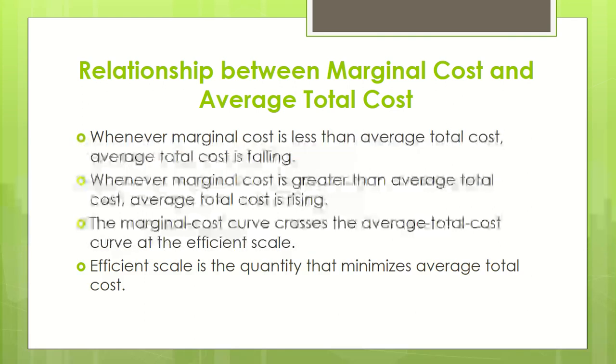As we have seen at the point of intersection of both curves, the marginal cost curve and the average total cost curve, the third point is the marginal cost curve crosses the average total cost curve at the efficient scale. In the graph, where the marginal cost curve intersects the average total cost curve, it is the efficient scale of the average total cost curve. And the efficient scale is the quantity that minimizes average total cost.